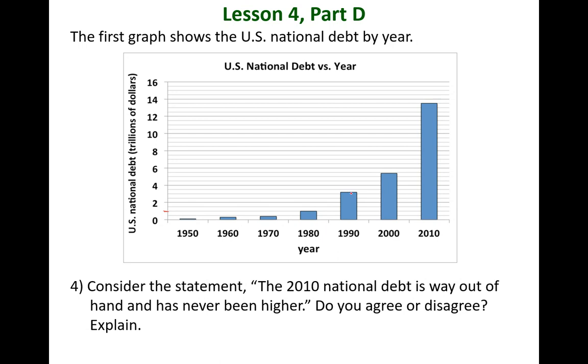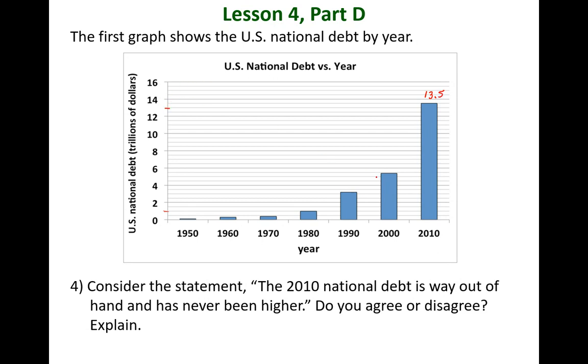This looks to be a little over 3 trillion in 1990. By the year 2000, it's almost 5.5 trillion. And by 2010, that has climbed all the way to 13.5. I'm going to write those just because that's interesting. You can see there's 13, so we're halfway in the middle.